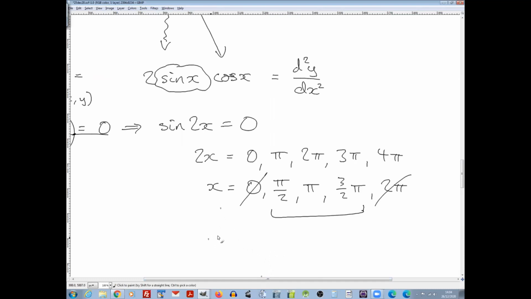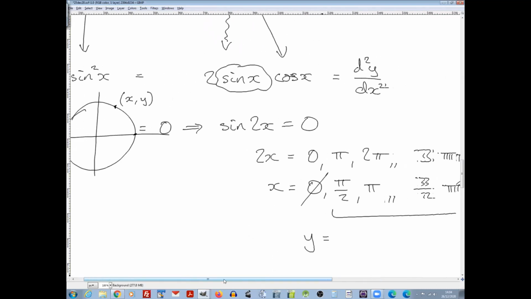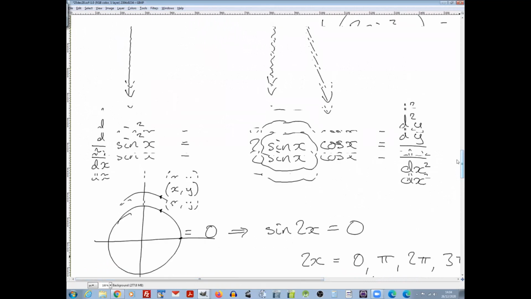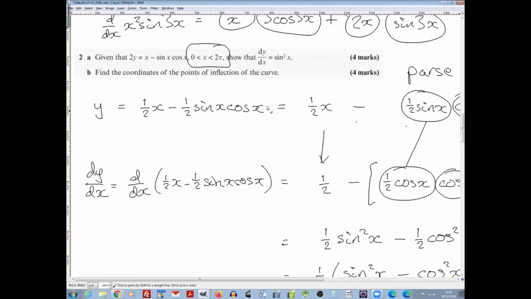Sorry, those are the x values, and therefore the corresponding y values are going to be... Because they want the coordinates. The coordinates means xy pairs, doesn't it? So we need the y coordinates for each of those 3 x coordinates. So we'll need to plug in here, which we simplified to this.